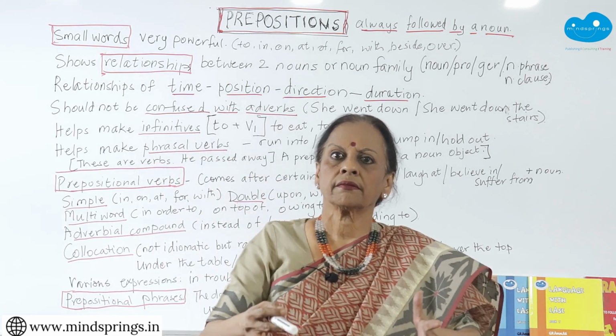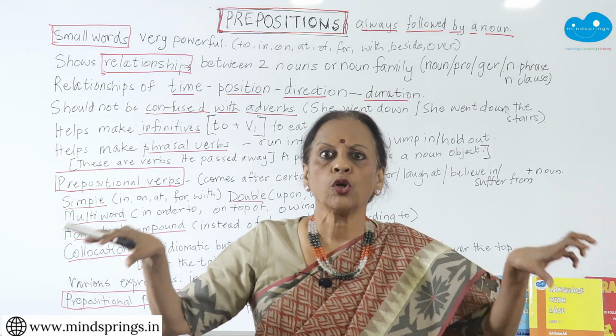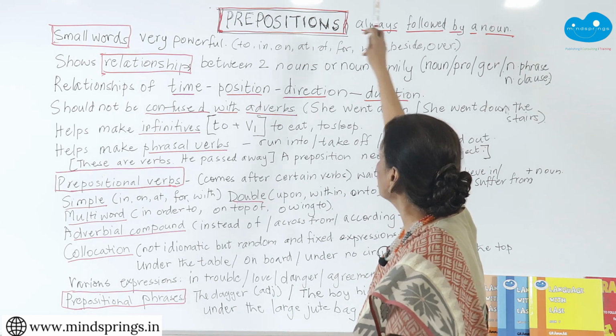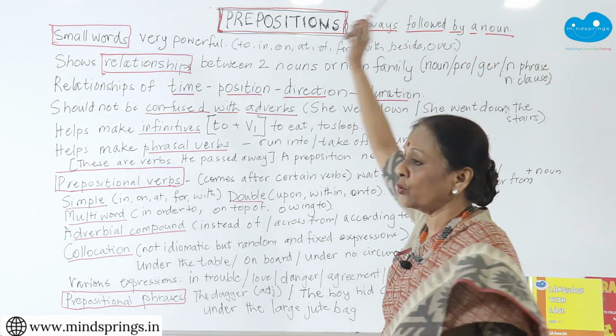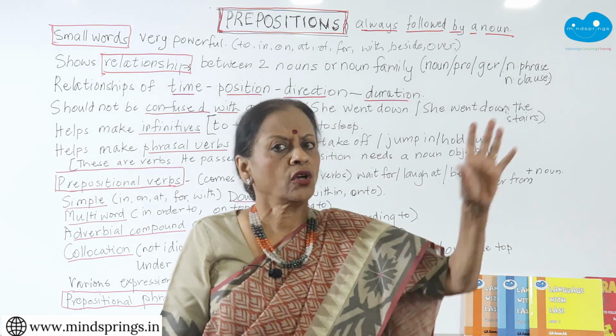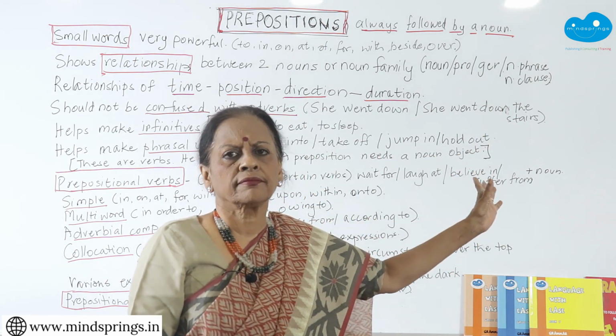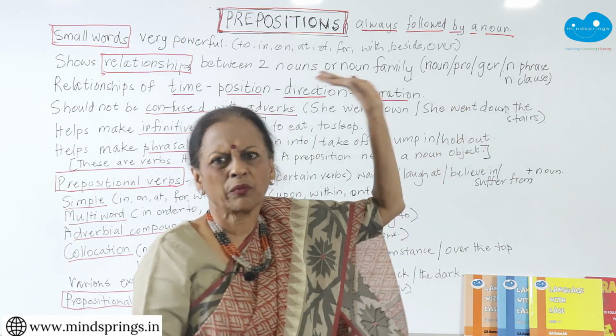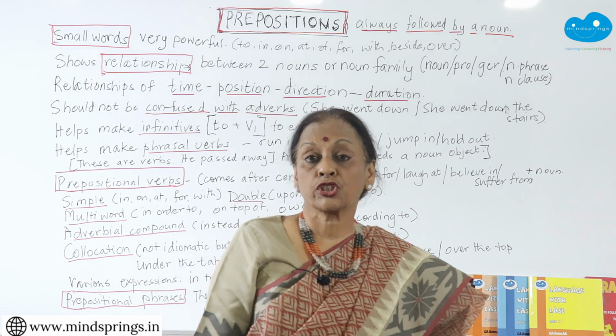All of these, it will show you the relationship between two of these, any two of these, which means the preposition is always followed by a noun, always followed either by a noun or one of these family members. The gerund, the noun clause, the noun phrase, something will be there after it, which denotes a noun.